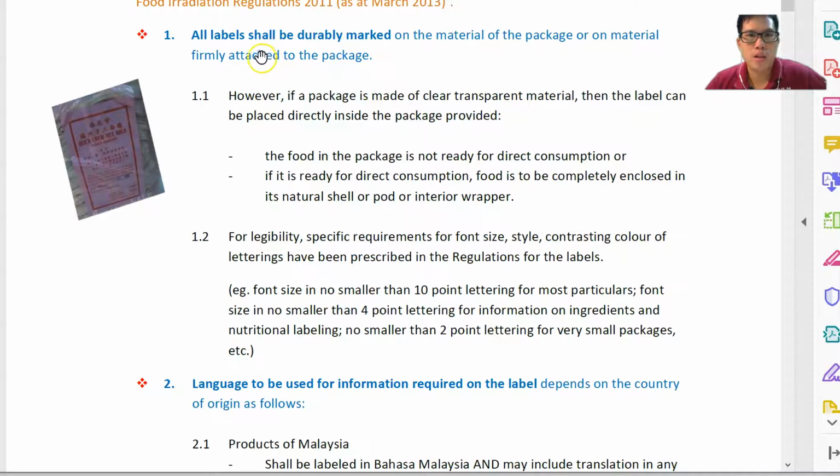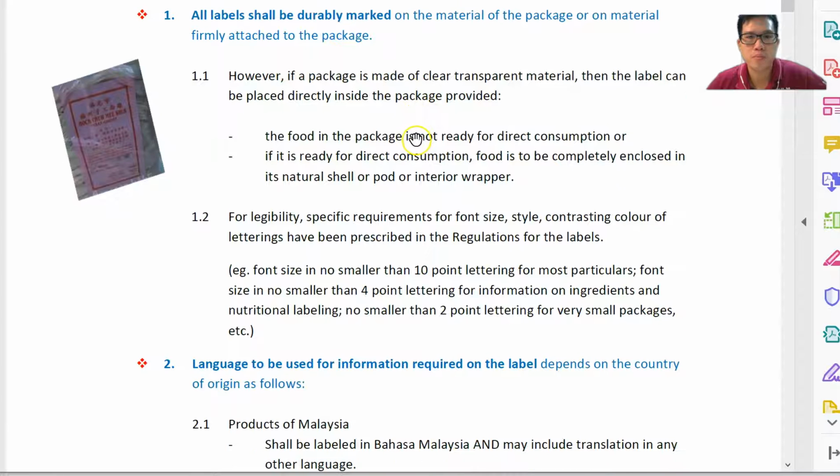Okay, let's look at the handout. You can look at here for the food labeling. All the labels shall be duly marked on the material of the package, or the material firmly attached to the package. Firmly attached, you cannot be loose. If the label drops out, you don't even know what food that is, when it was made, and so forth. So it needs to be firmly attached.